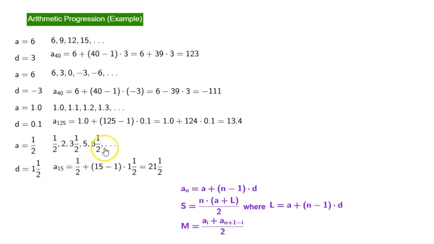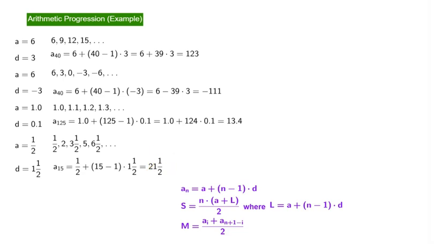The 15th term in this sequence: a sub 15 equals a, that is half, plus 15 minus 1 times d, that is 1.5. 15 minus 1 is 14. 1.5 times that is 21. So 21 plus half is 21.5.